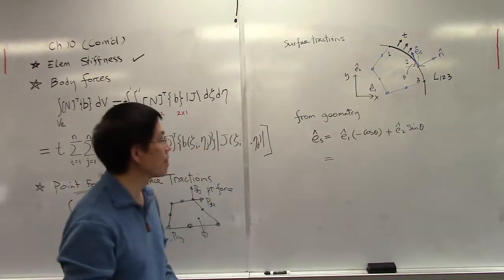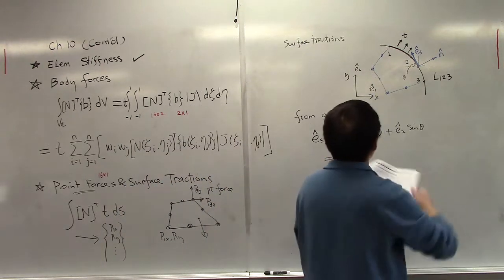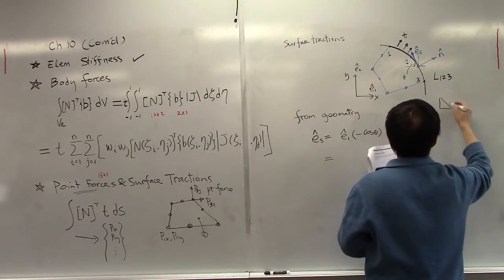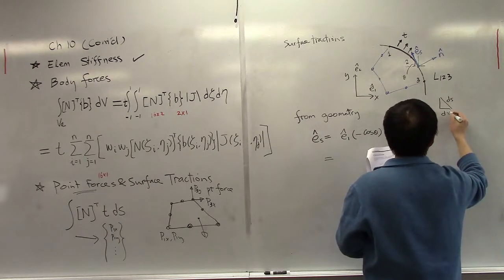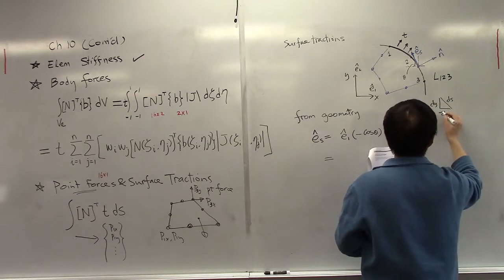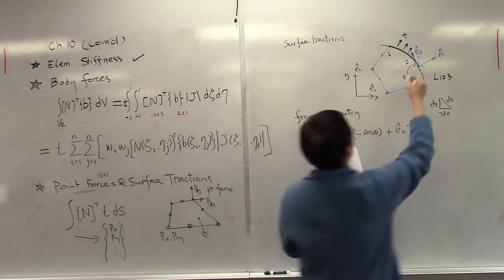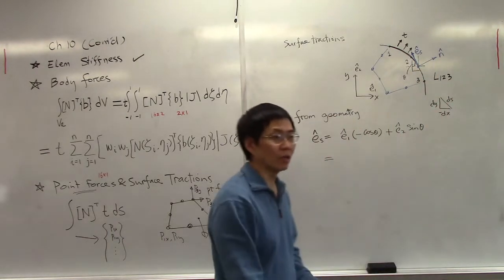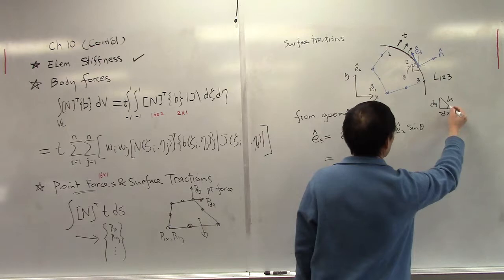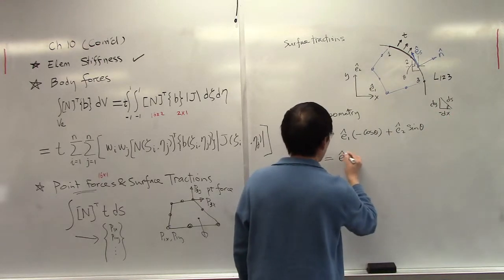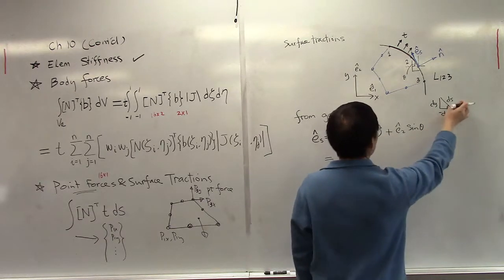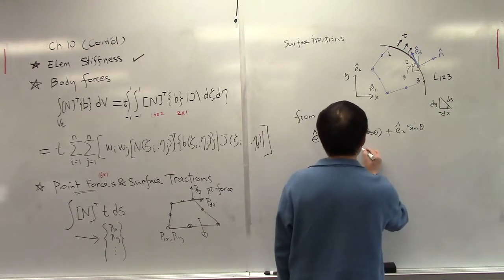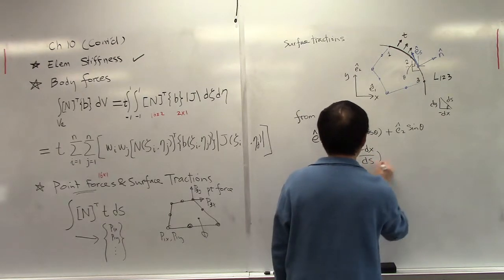And then, because we can also draw a triangle, this is ds, this is dx, this is dy. Actually, this is negative dx. If you draw this triangle here, you will have this kind of relationship. Using that, this is theta, cosine is exactly this over that. So the cosine itself is negative dx over ds, like that.